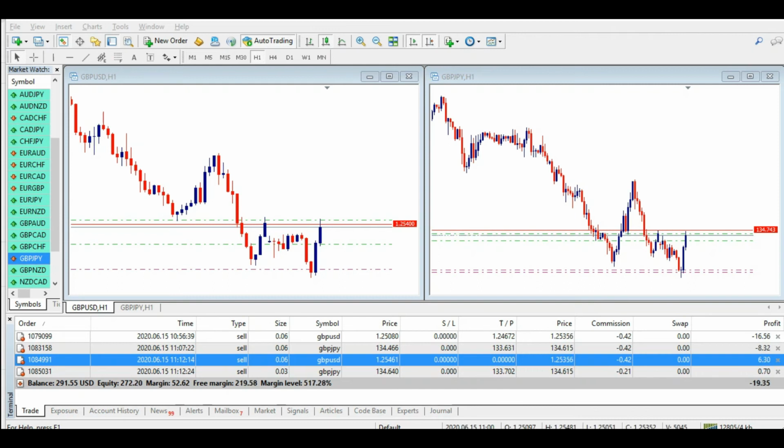Price is again going to touch this area.